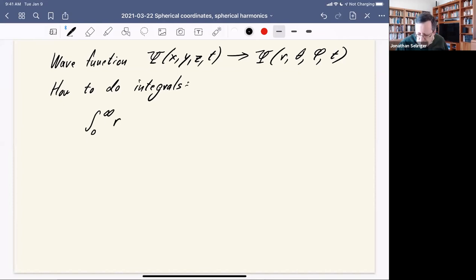And the integral has a factor of r squared times dr. This factor, r squared, is a part of what's called the measure of integration.